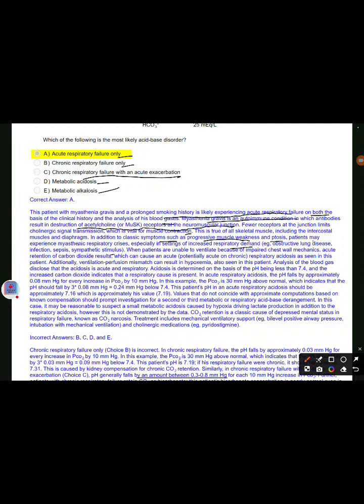When patients are unable to ventilate because of impaired chest wall mechanics, acute retention of carbon dioxide results, which can cause acute or chronic respiratory acidosis, as seen in this patient.